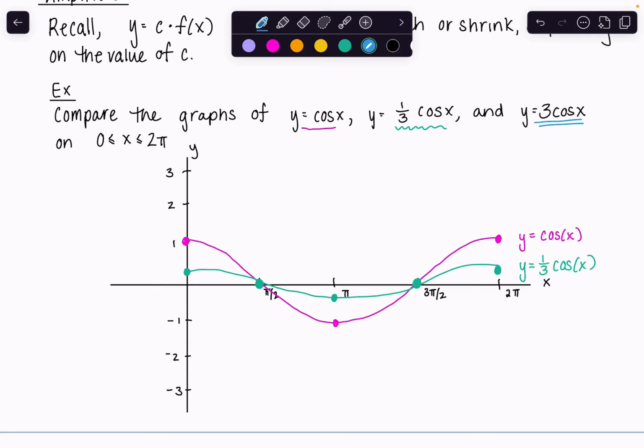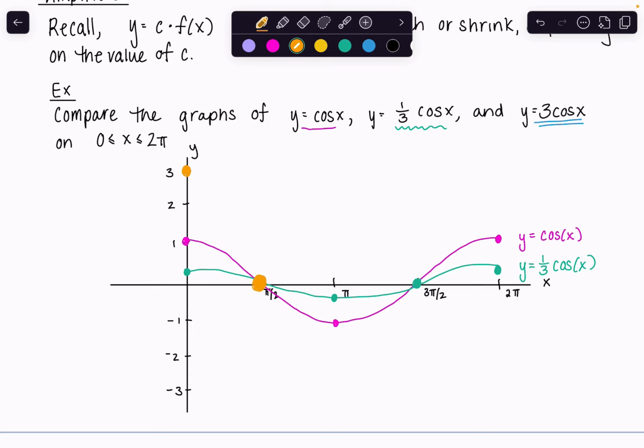Graphing 3 cosine of x, all that's going to do is take these values that were y and multiply it by 3. So if I plug in 0, that would be cosine of 0, which is 1. Timesing it by 3 puts it all the way up here. If I plug in pi over 2, well, this color is not the best option, so let's try a different one. So it'll at least color over top.